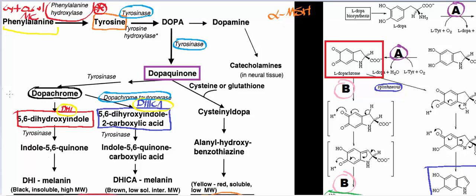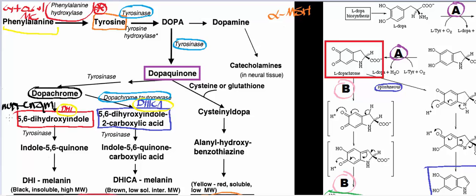In a spontaneous reaction, meaning this particular reaction is non-enzymatic, dopachrome converts to DHI, and you're welcome to abbreviate it as DHI, although I would like you to know it's dihydroxyindole.